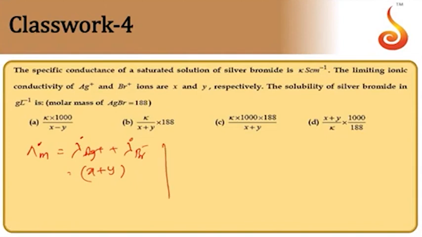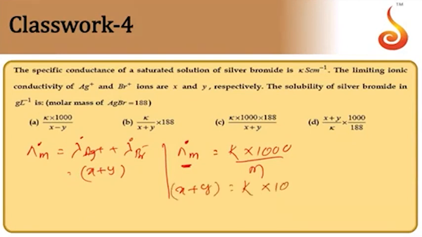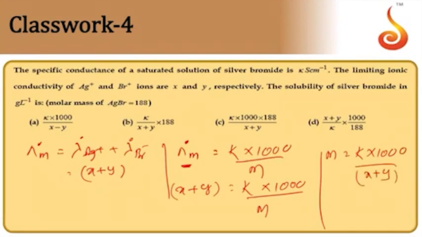Now, lambda naught molar is equal to kappa into 1000 by molarity. This value is found to be X plus Y. So X plus Y is equal to kappa into 1000 by molarity. Therefore, molarity is equal to kappa into 1000 by X plus Y. This is the molarity, so many moles per liter.